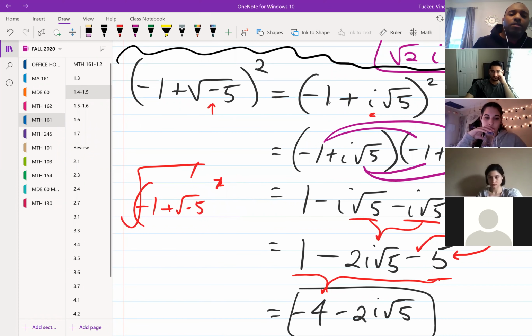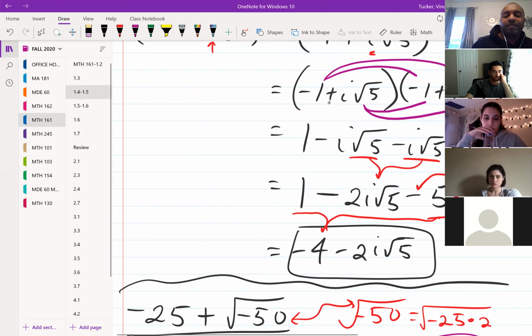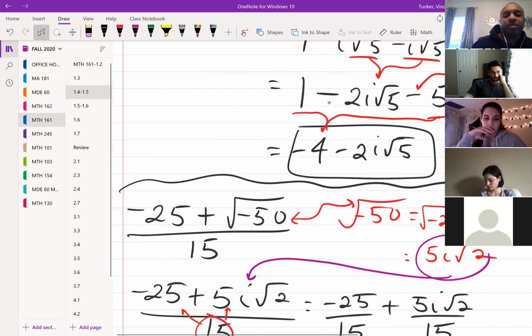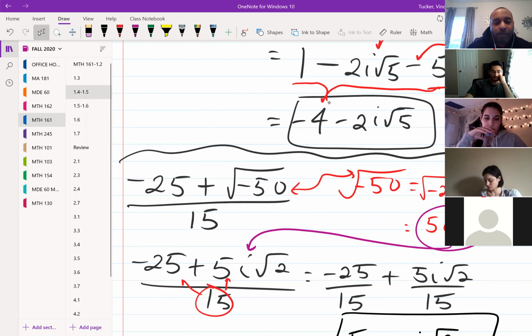Well, let's do this. Maybe I'm thinking too hard. No, you're just moving ahead. We're still on 1.4, right? Yeah, this is the last problem in 1.4. But what he just asked about was in 1.5, actually.